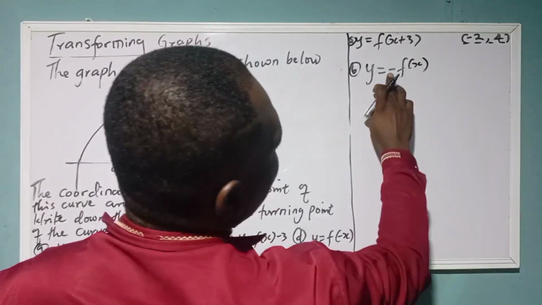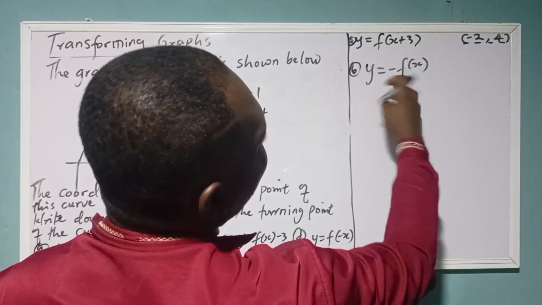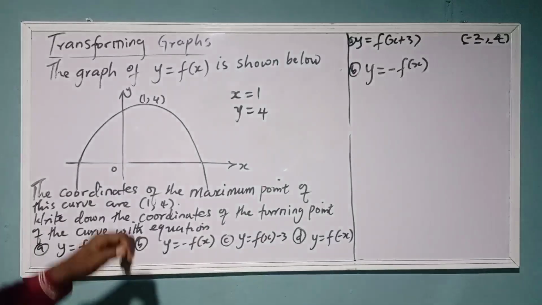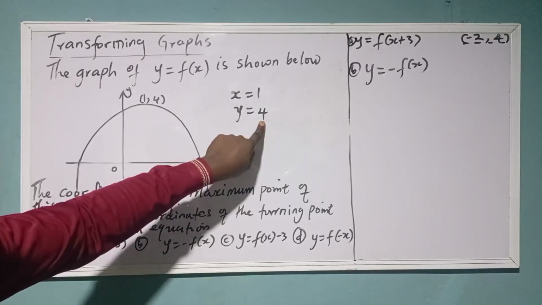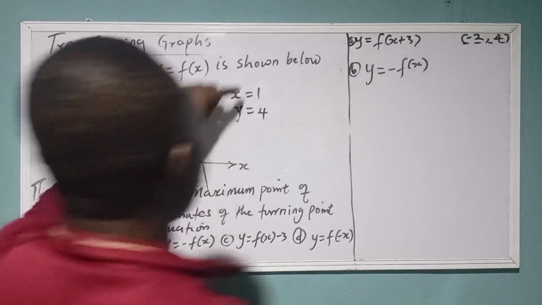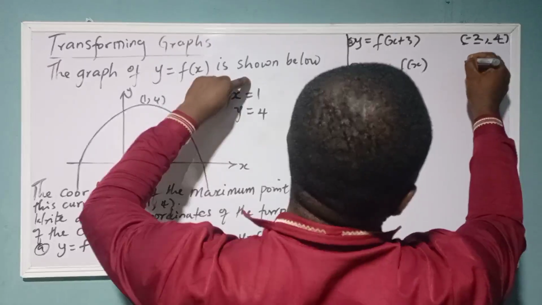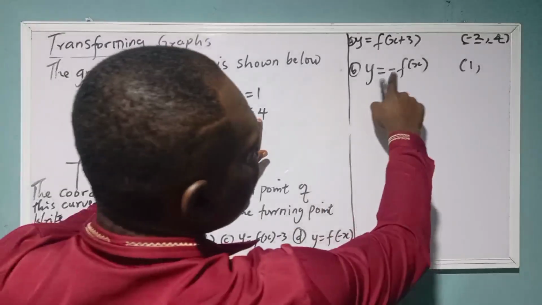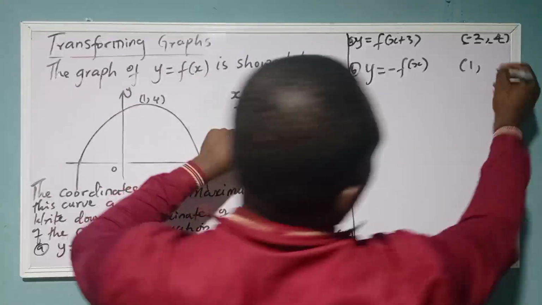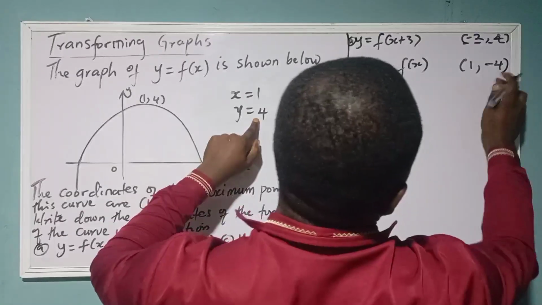Now you can see that the negative is outside the bracket, so it is only the value of y that will be affected, based on the standard that I've explained. So x will remain the same, but the value of y, since it is minus, will now become minus 4. So this is the new coordinate.